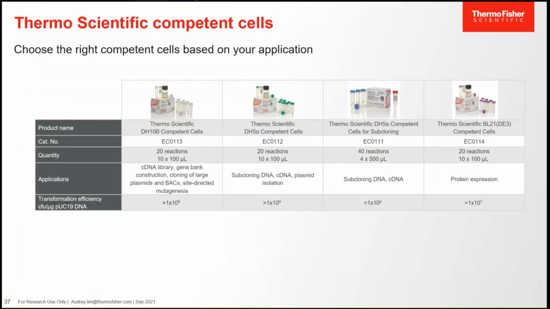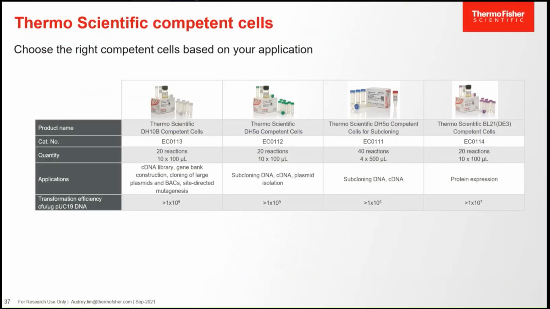Okay, so at Thermo Fisher Scientific, we offer a wide range of both chemically and electrocompetent cells. We have four types of chemically competent cells, which are most commonly used in the lab every day.